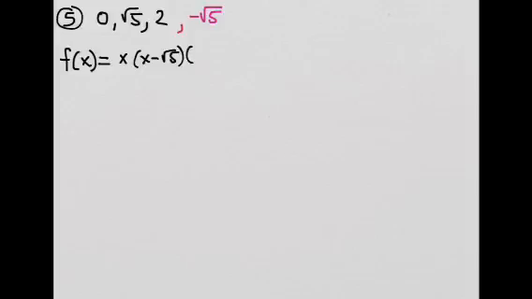The factor for 2 would be x minus 2. And the factor for negative radical 5 would be x plus radical 5. So what I would do is I would multiply these together and these together. The reason for that is that I want the radicals together because it'll make your job easier. So let me go ahead and I'll do this pair first, the green pair.